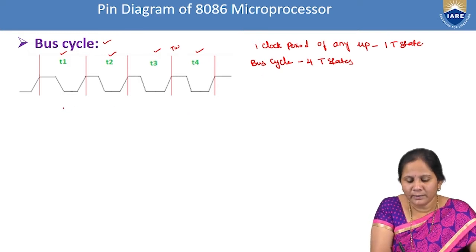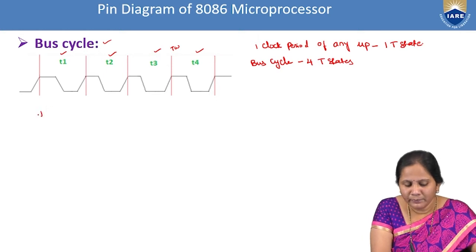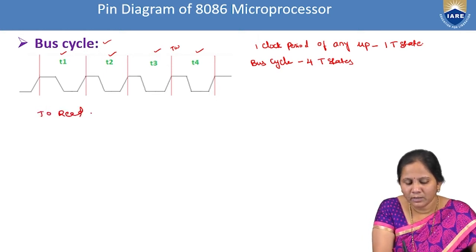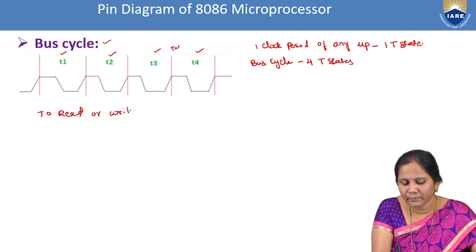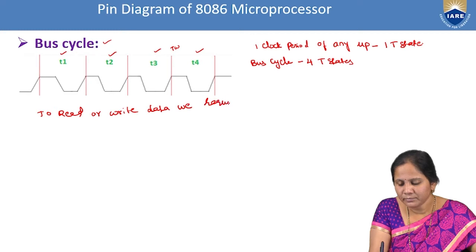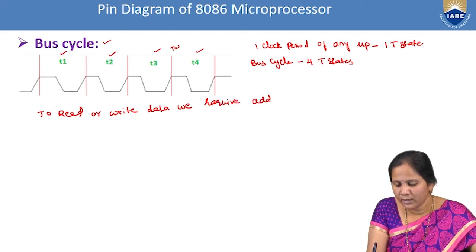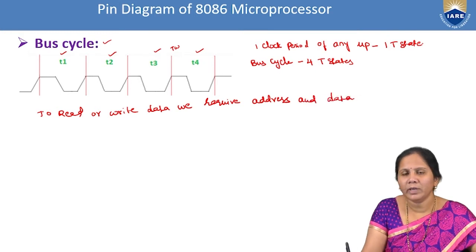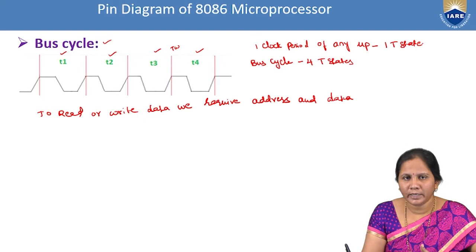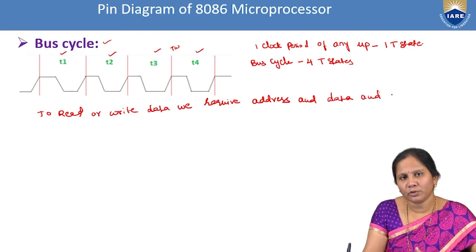For example, to read or write data, we require the address bus, data bus, and also some control signals.